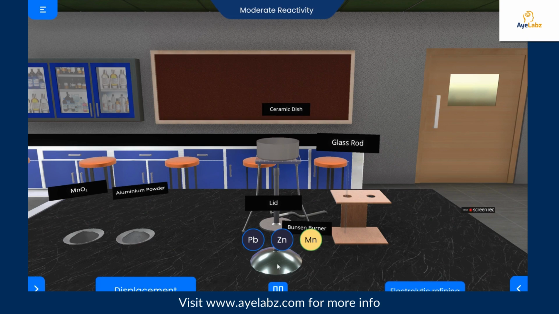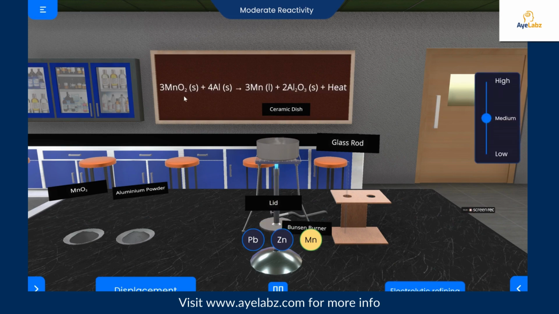Let me mix it thoroughly so that the aluminium powder can displace manganese. As you can see, manganese dioxide with aluminium is producing manganese along with aluminium oxide, with heat.